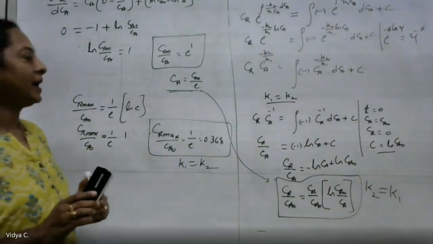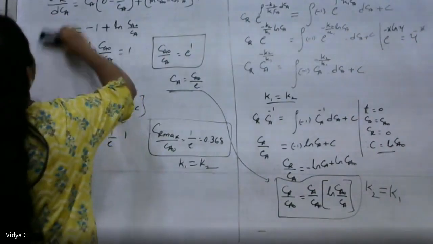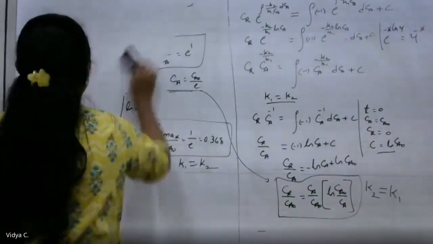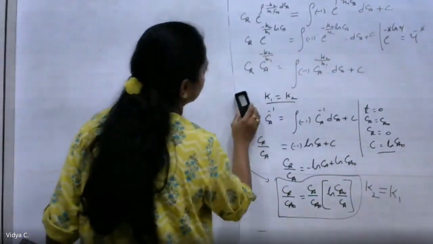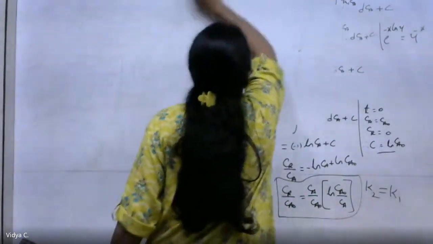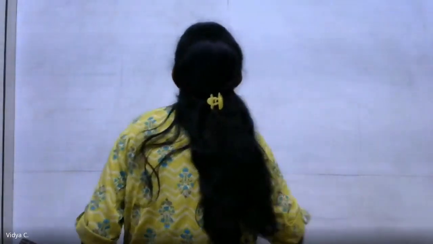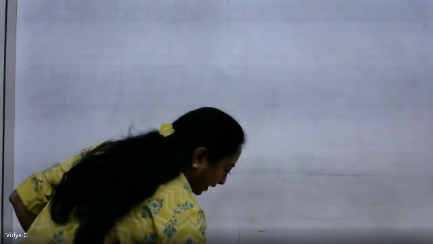Next is to find CR max when K1 is not equal to K2. So here, let me recollect the equation which I have derived.